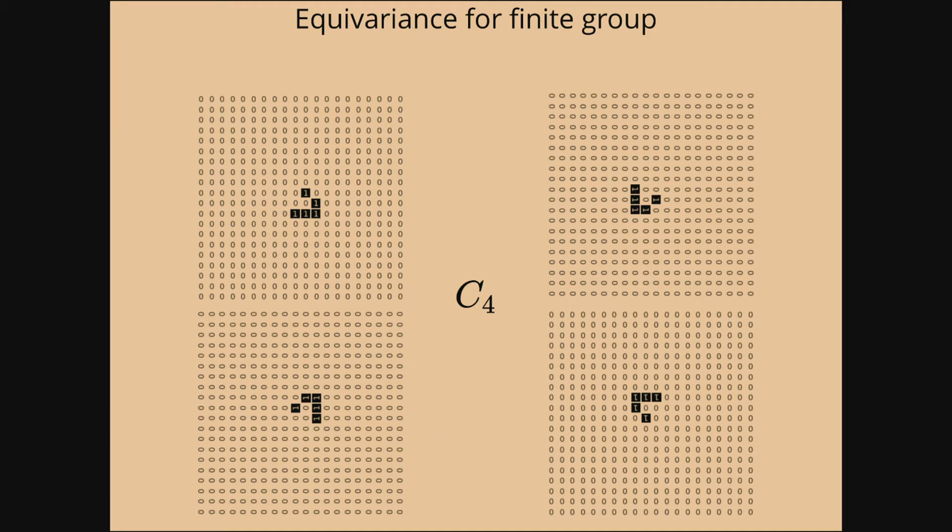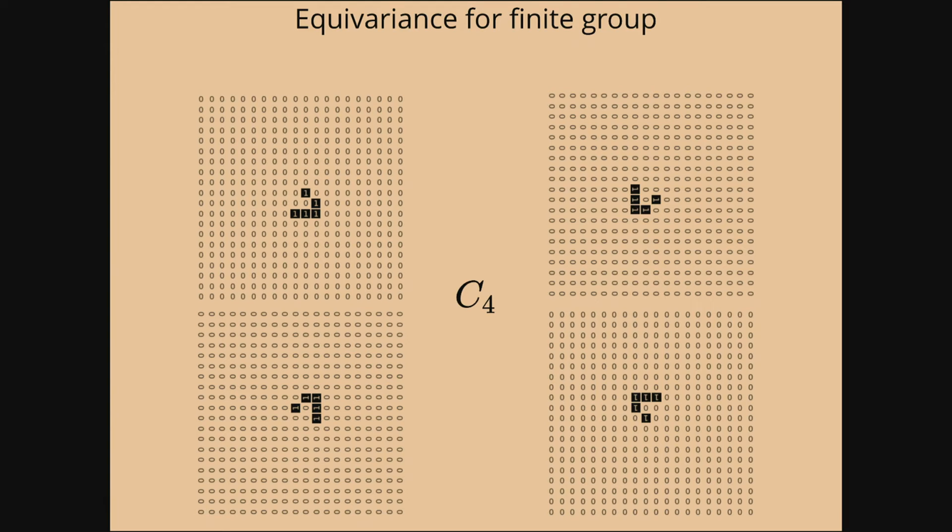Okay, so now it's exactly the same idea as before. We have a 3x3 kernel, and what we want is not only it to be translation equivariant, but we also want that the rotation of the kernel will give us exactly the same result for each of the rotated gliders. So how do we do it?